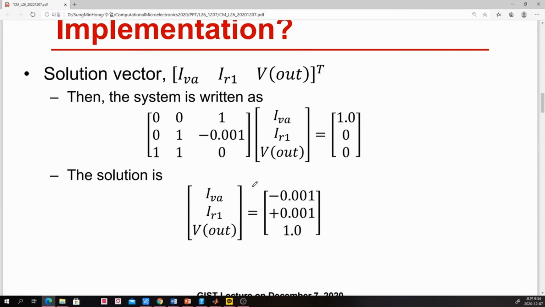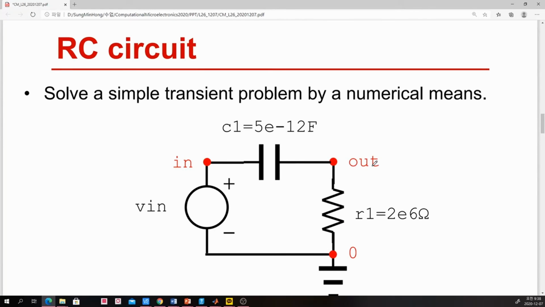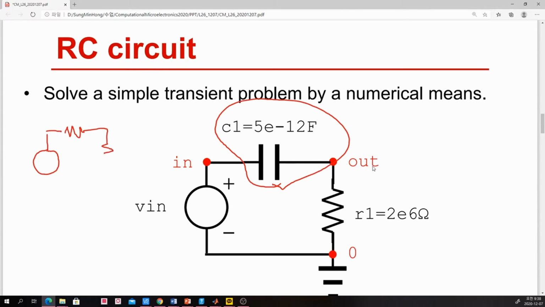We are now talking about an RC circuit. What is the difference? Yes, here we have a capacitor. If we have, for example, a resistor, then I will say that this is still quite trivial.